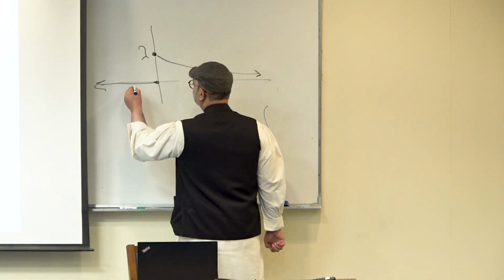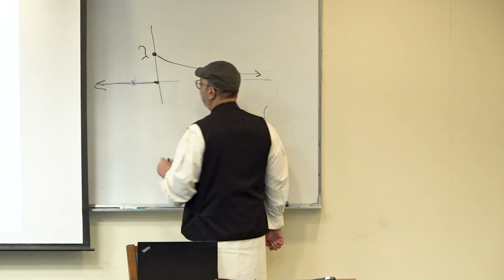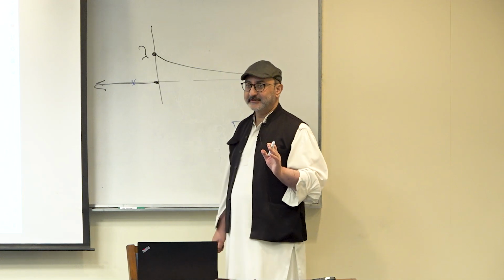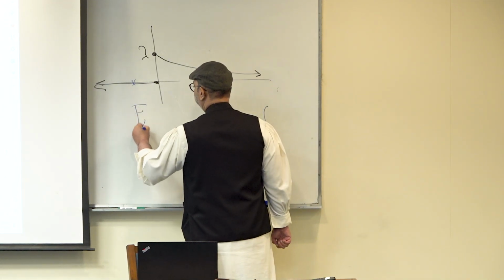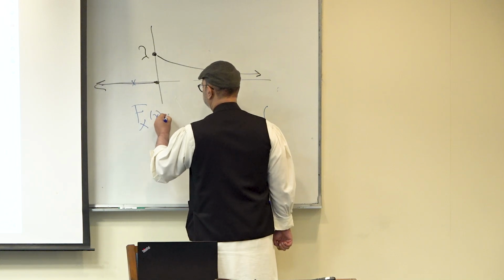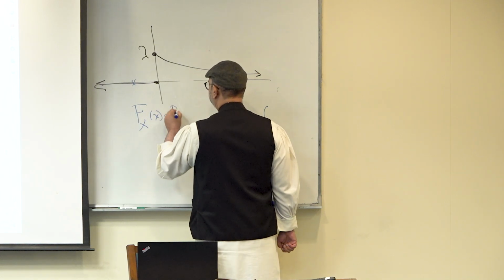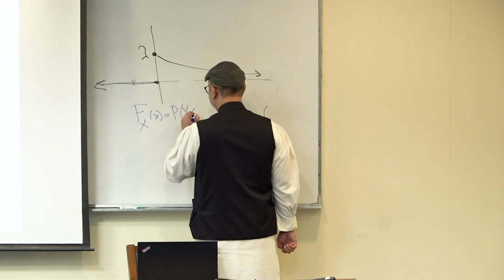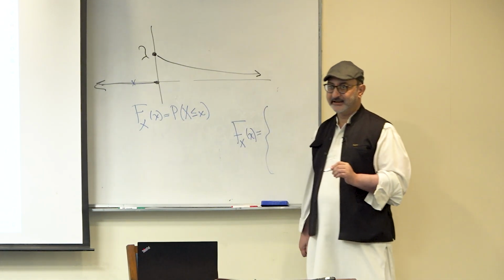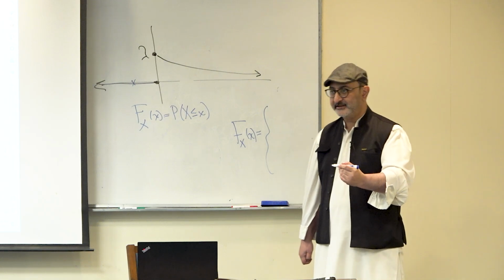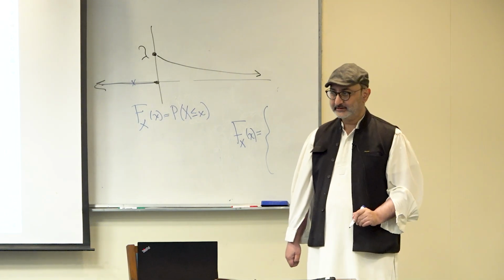Okay, so here's some value x which is negative. So F for this x is the probability that the random variable takes a value less than or equal to small x, and I'm specifying that small x is negative.